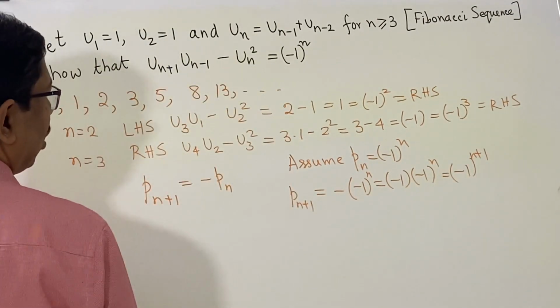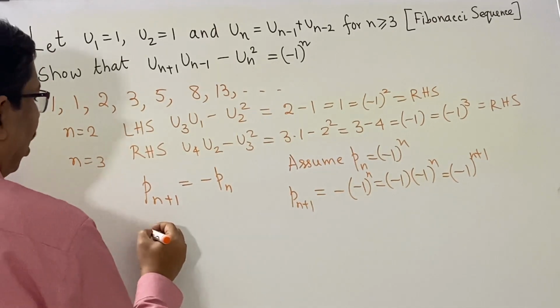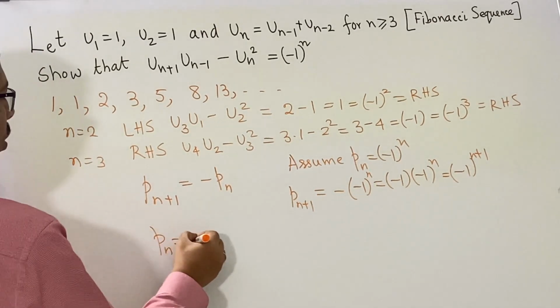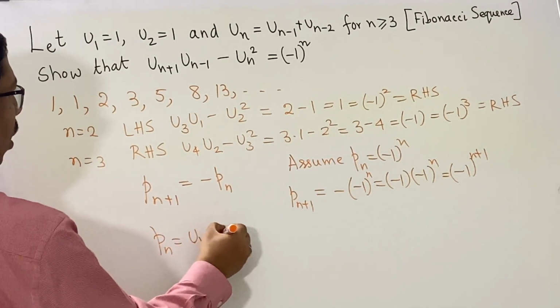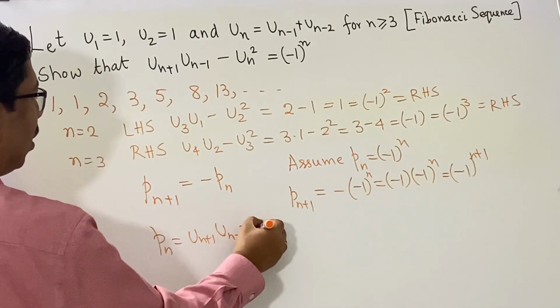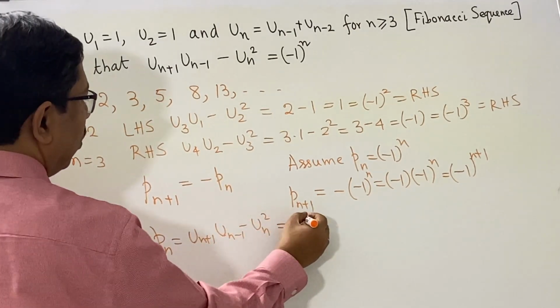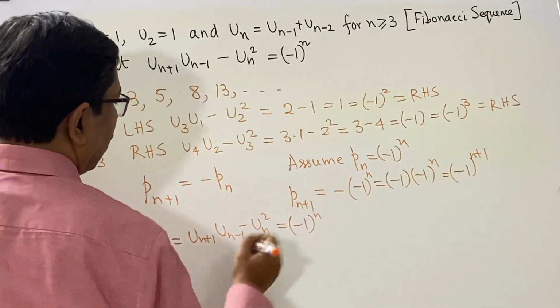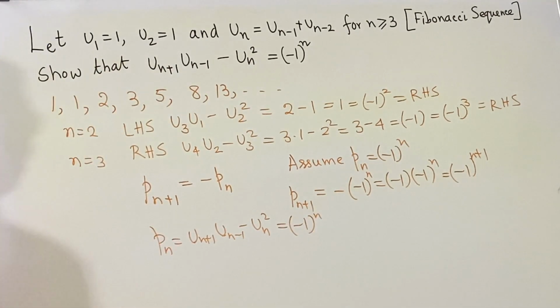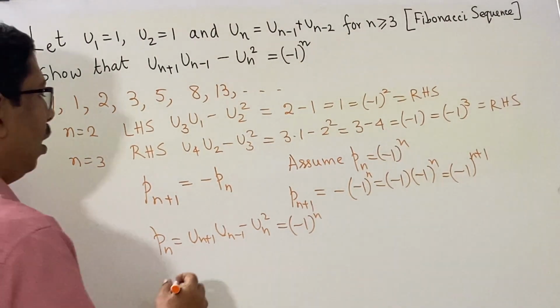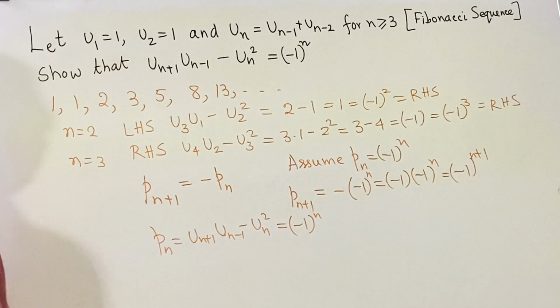Thus, by induction, we can claim that P_n, which is u_{n+1} u_{n-1} minus u_n squared, is equal to (-1) to the power n for every n greater than or equal to 3. So thus we can claim by induction that P_n is equal to (-1) to the power n.